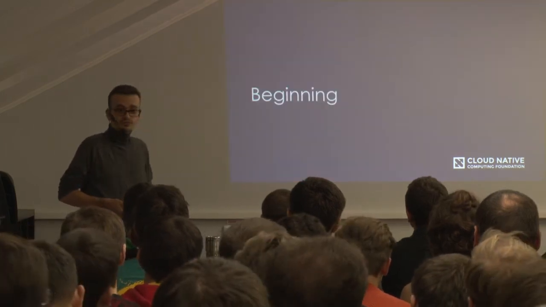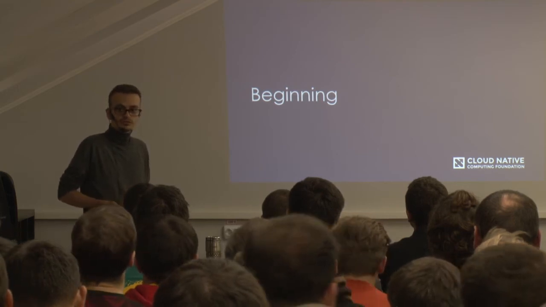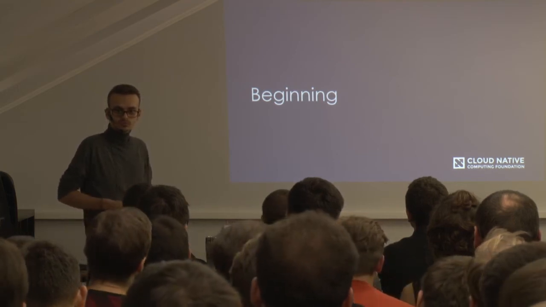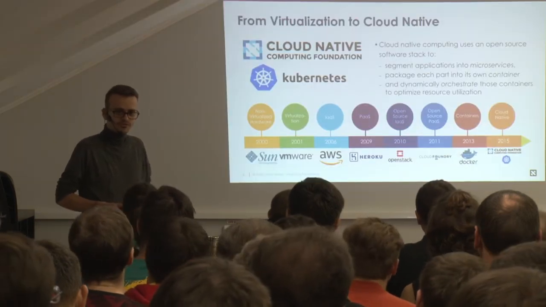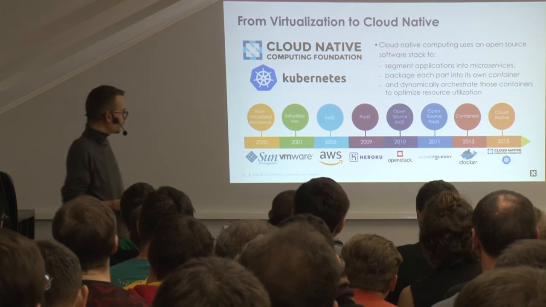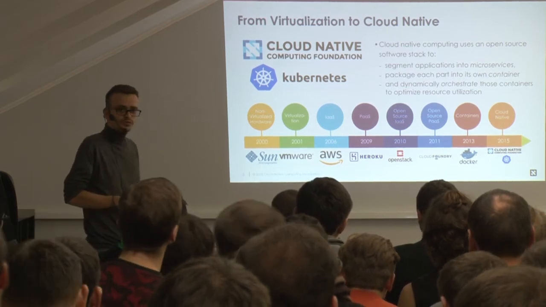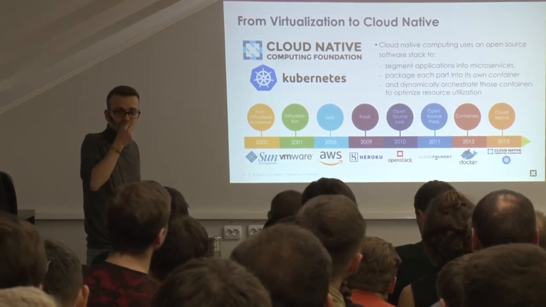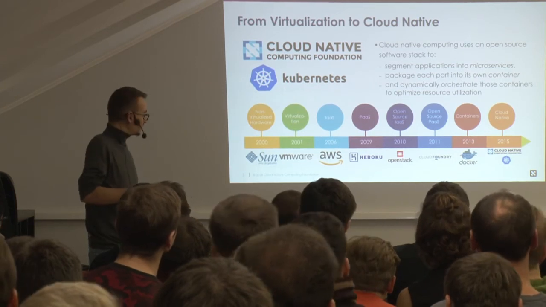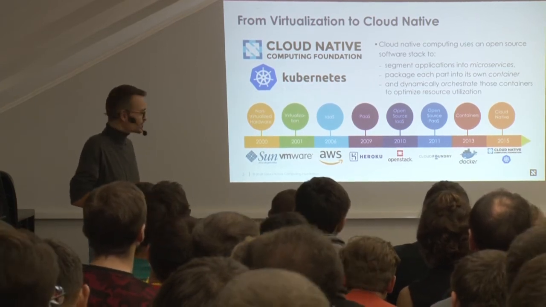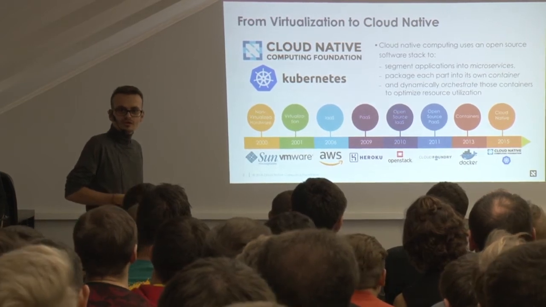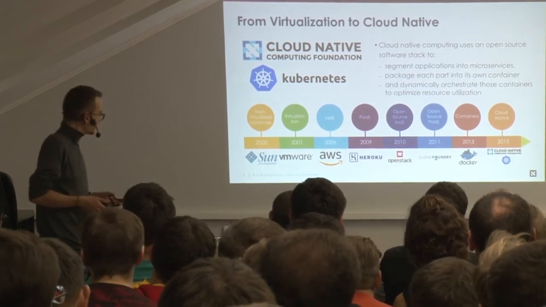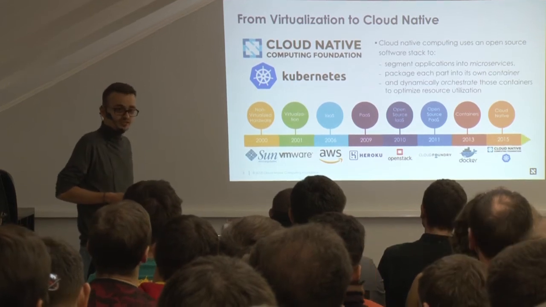All right, so let's start from the beginning. What we had at the beginning of the pre-cloud native era. On this slide, you can see the evolution of how we moved from the early days of the IT environment. I'm sorry about this slide. I see that it's really difficult to read from the audience, but we'll share the slide deck later.